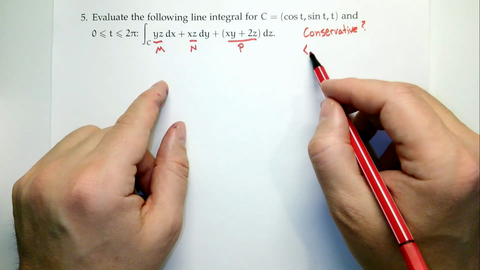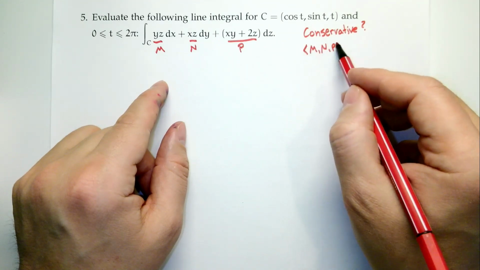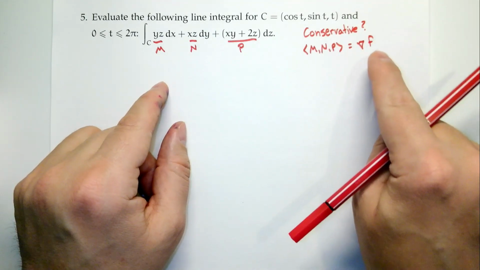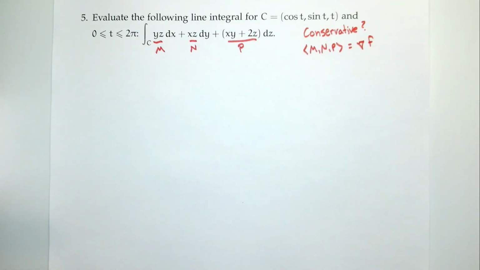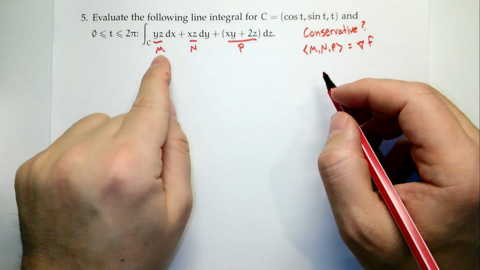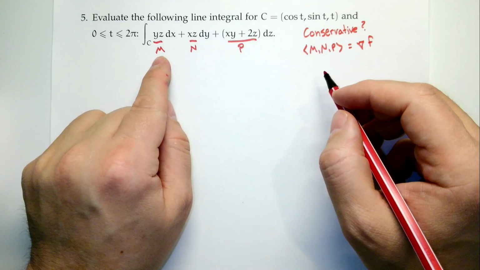What we'd like is that this is del f, because if we knew f, we'd be done, because we just have to figure out what's the function at the endpoints.